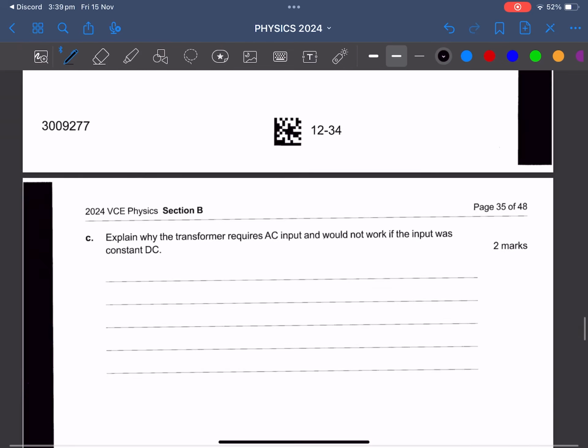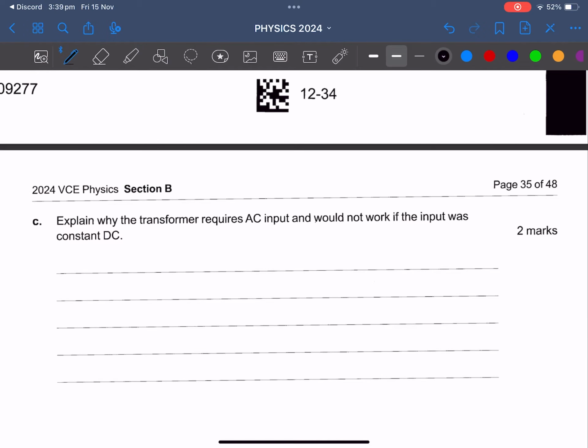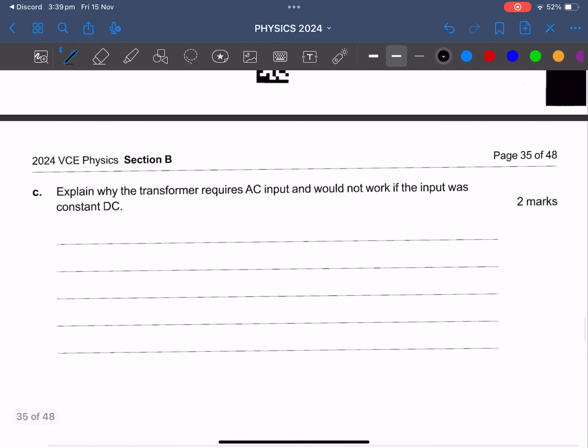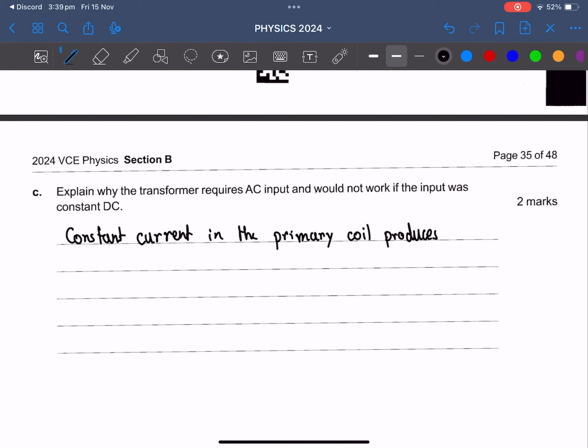Okay, next question. Explain why the transformer requires AC input and would not work if the input was a constant DC. Okay, so constant current in the primary coil produces a constant magnetic field.